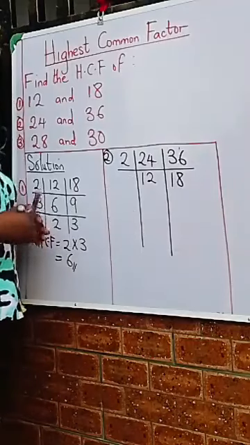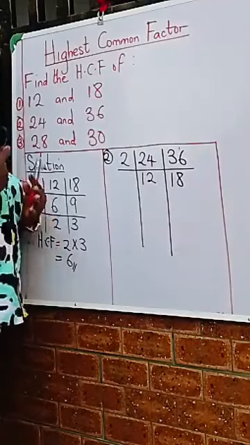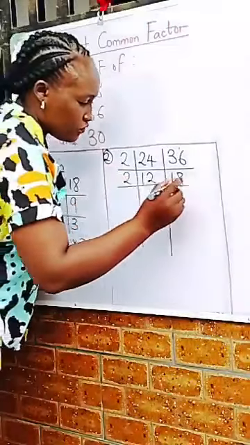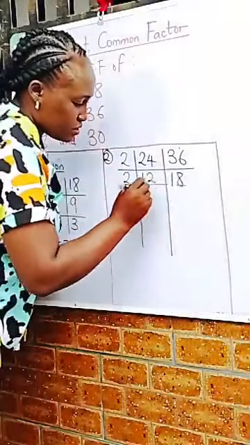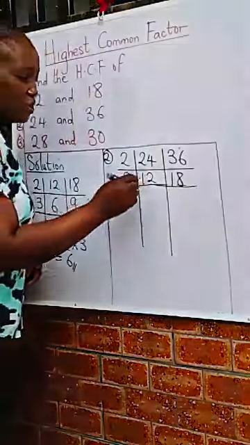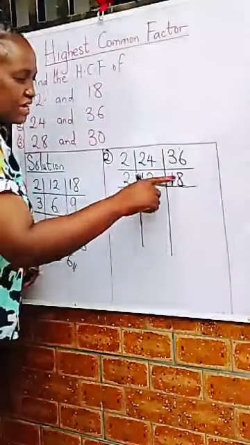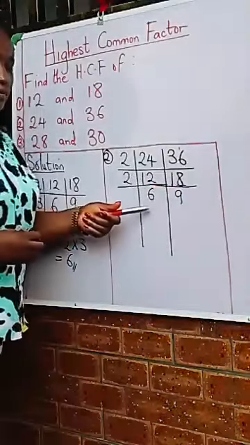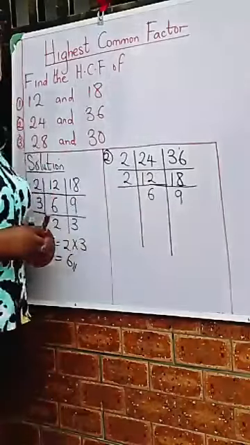12 and 18 are also even numbers, which means 2 can go through again. 2 divide 12 will give you 6. 2 divide 18 will give you 9. Now we are left with an even number and an odd number.